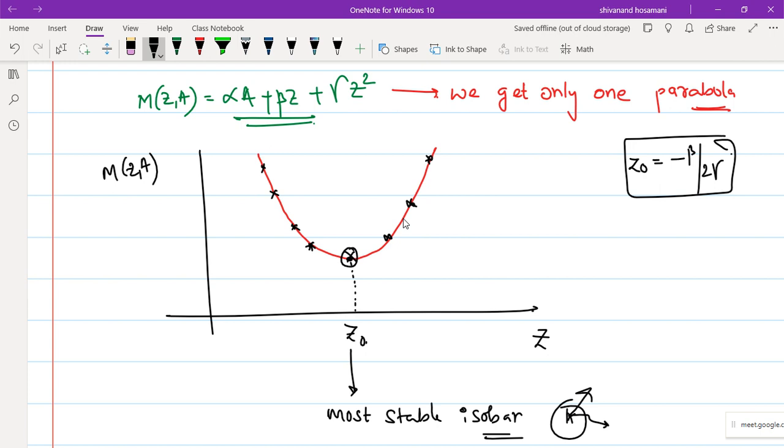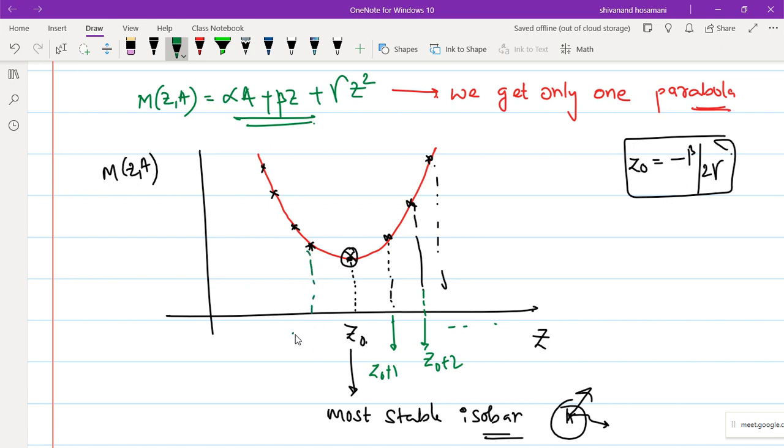They are less stable. Therefore here we get the Z as, see here, so this point can be defined as, this point is one defined, here is also defined. So can I define this point as Z0 plus 1, this point is going to be Z0 plus 2, and so on it increases.